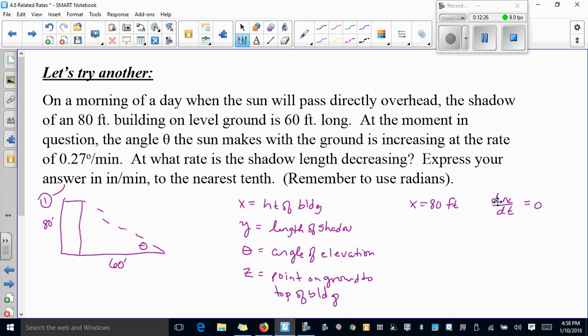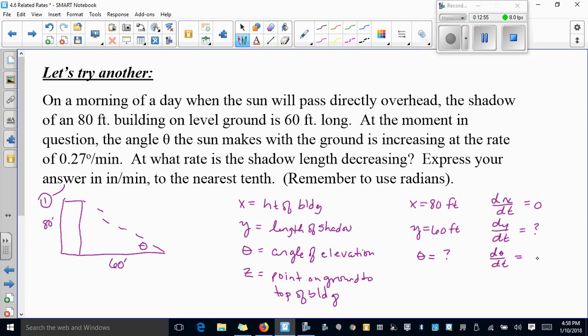Theta we don't know, and d theta/dt they do tell us is 0.27 degrees. That is 0.27 times pi over 180, which gives us a nice decimal value of 0.0015 pi.